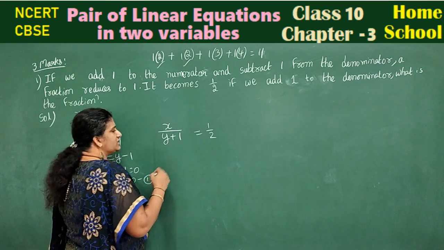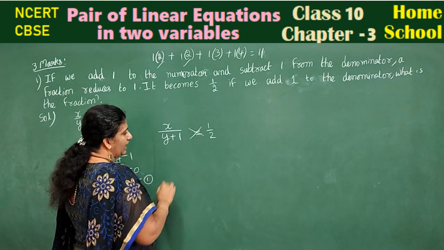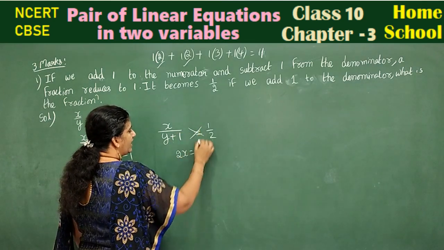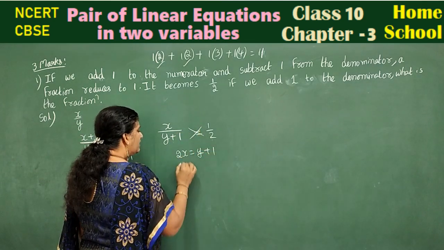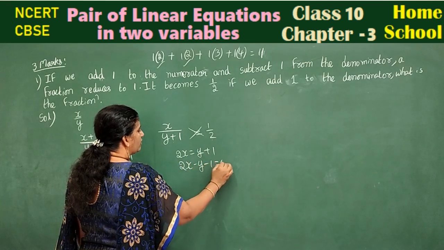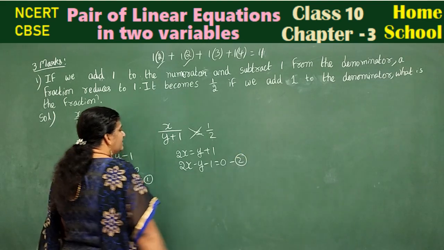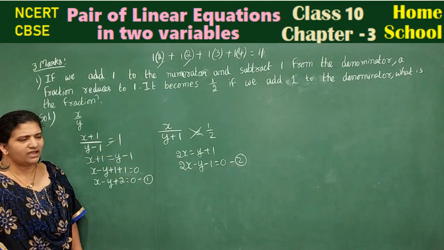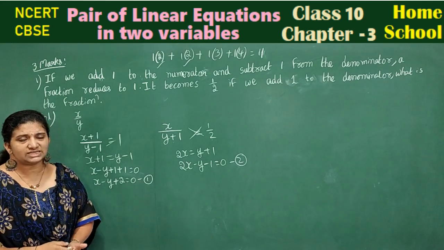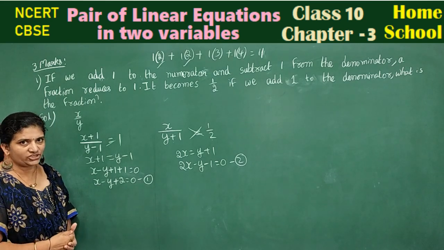Coming to your next one, again cross multiply. 2 into x will be 2x is equal to 1 into y plus 1 will be y plus 1. Bring this side, 2x minus y minus 1 equal to 0. Mark this as second equation. In the same manner, we simplify these two equations and find the fraction.